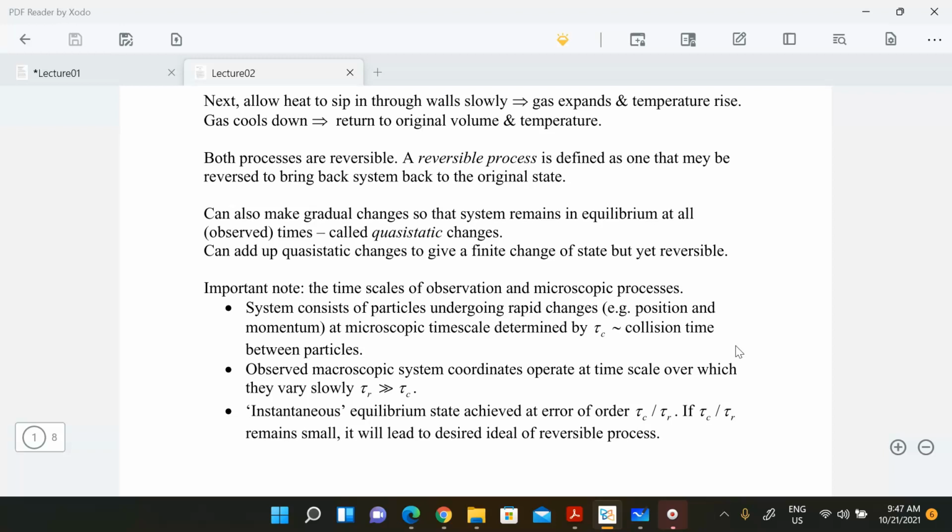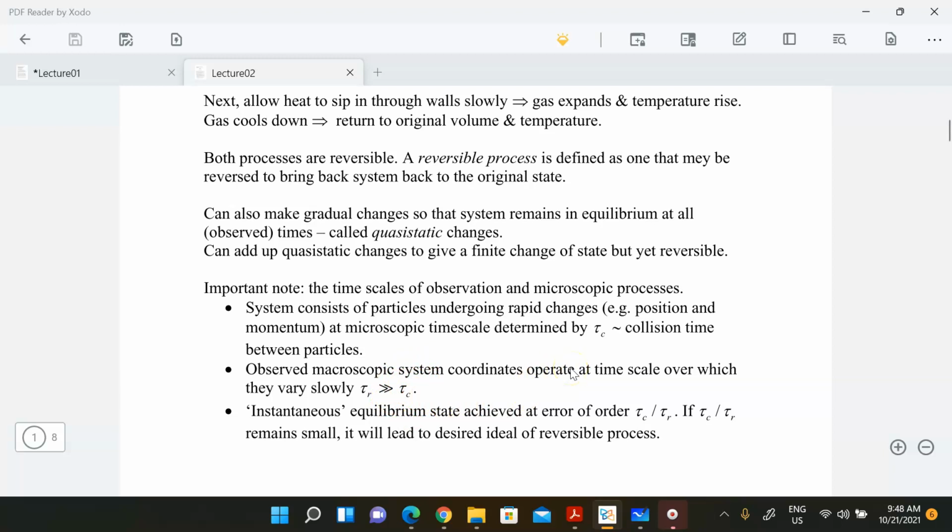There are a lot of rapid changes at that microscopic time scale, and usually this time scale is given by the collision time between particles. Now the observed macroscopic system usually has a slower variation, and you expect the time scale to be much greater than the microscopic time scale.